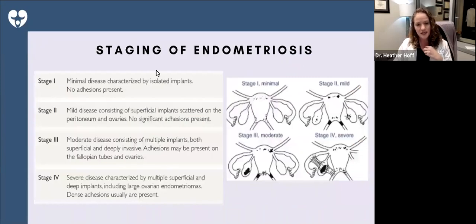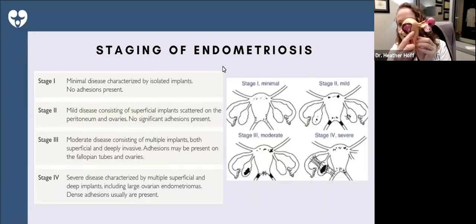During the surgery, staging of endometriosis also occurs. So endometriosis is split up into 4 separate stages, minimal, mild, moderate, and severe. Minimal is going to be a few of those superficial implants. So on our little uterus here, these little purple dots are representative of mild, minimal endometriosis.